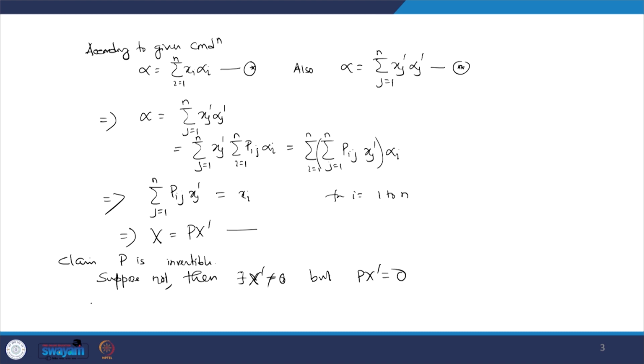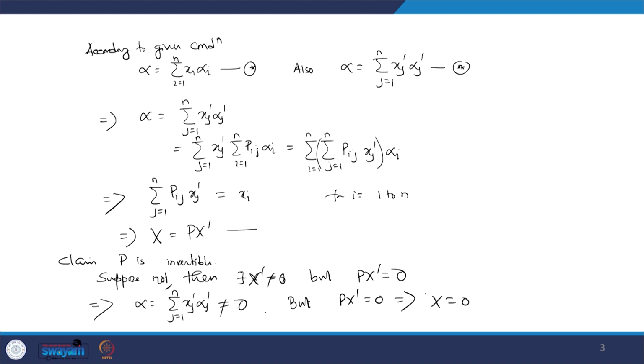So, this implies alpha, which is equal to sigma x_j prime alpha_j prime, j equal to 1 to n, will not be equal to 0. But P x prime equal to 0 implies x equal to 0.